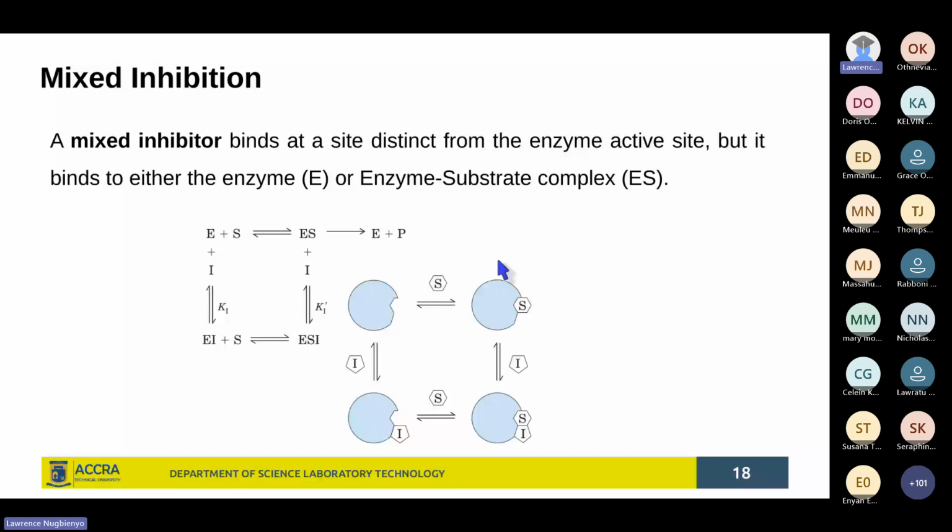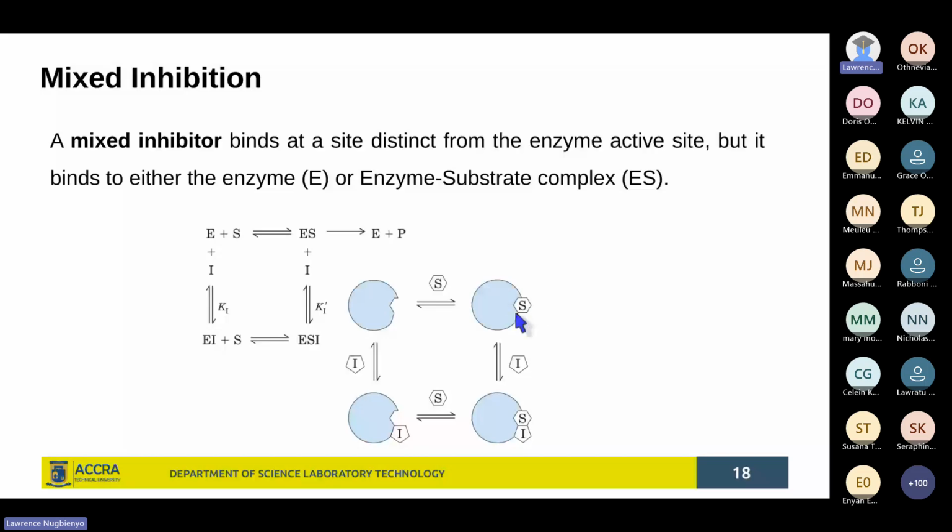Now, we have also what we refer to as mixed inhibition. So in mixed inhibition, you see there's an enzyme that can bind to the active center. The substrate can bind to the active center there. So you have an enzyme substrate complex before the inhibitor comes to bind to that enzyme substrate complex.